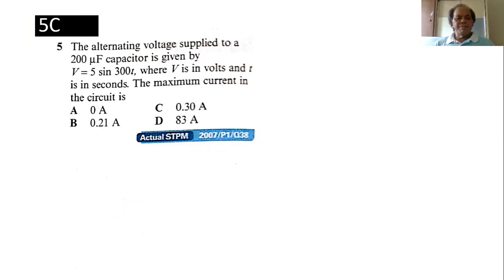How to calculate the maximum current? Well, you must know the resistance first, and then you must know the peak voltage. How to calculate the reactance? Instead of resistance, we call it reactance for capacitor. How to calculate that?